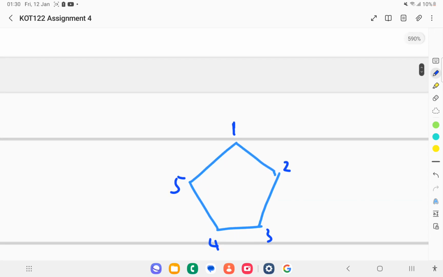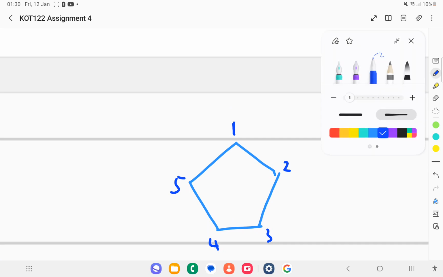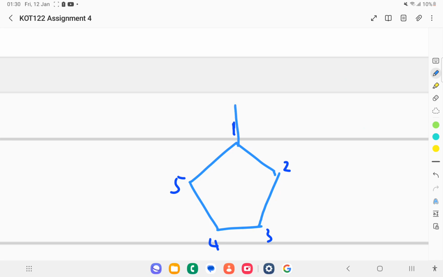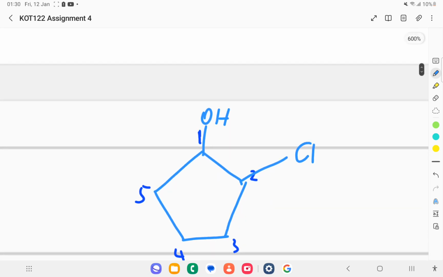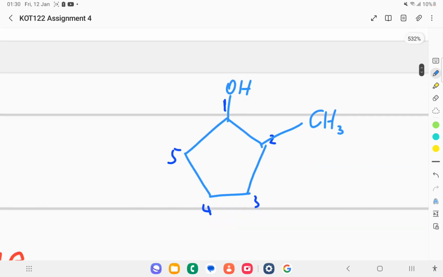So the hydroxy group, OH group, is attached to the first carbon. Make sure the bond is to the oxygen, not the hydrogen. And then we have a methyl group on the second carbon, CH3.